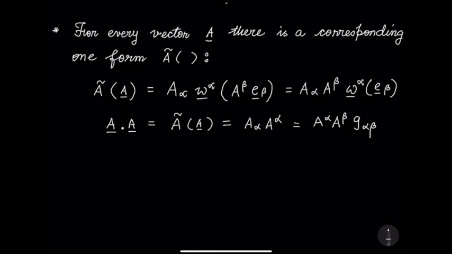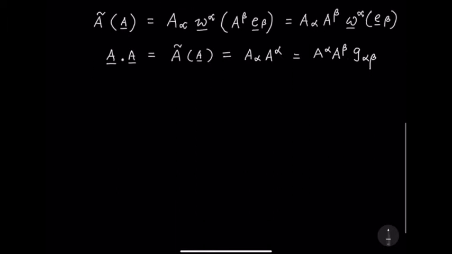Essentially, we can identify what a metric does to a vector. Before we come to that, let us look at the transformation properties of this, and there we will see some combinatorics.